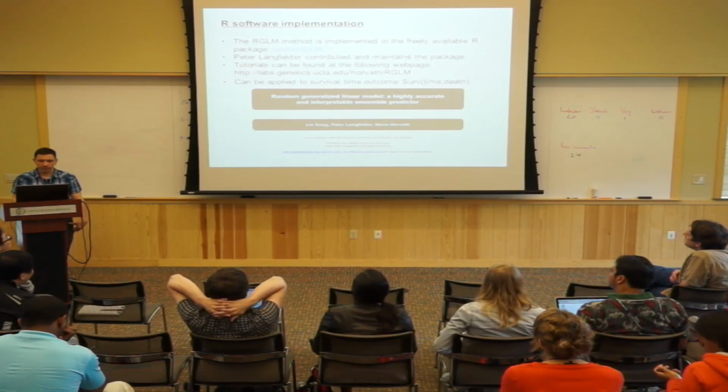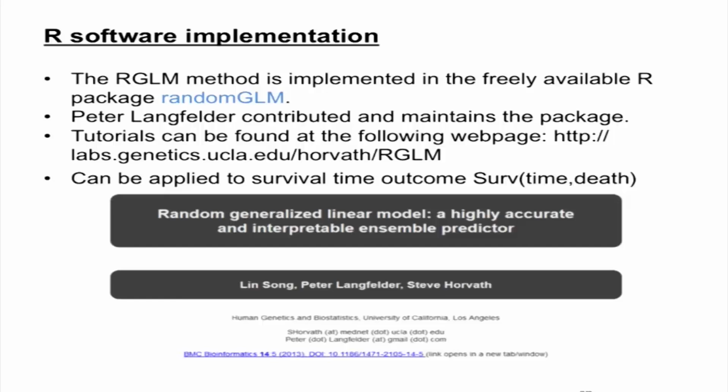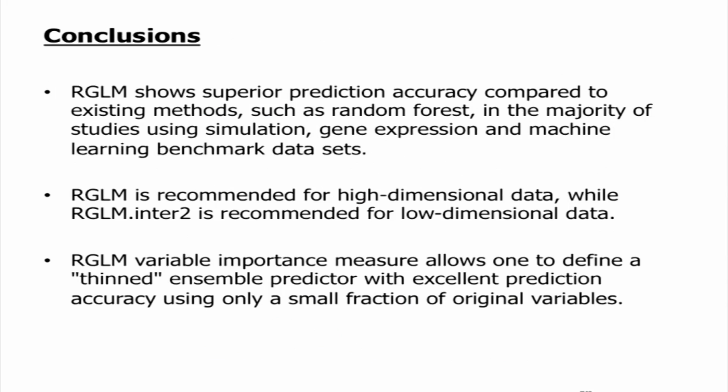Let me continue briefly and mention there's an R software implementation of the Random GLM. I want to recommend that you check it out. When you do have low dimensional data, think like 10 variables or 5 variables, you can specify that there are interaction terms, and that's easily done.